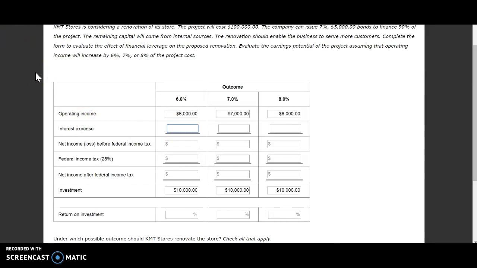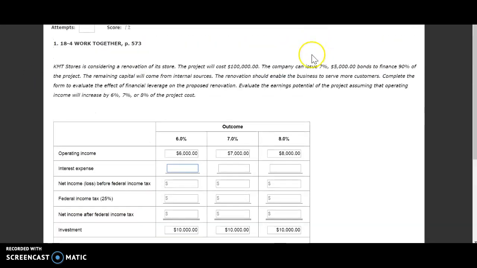Okay, the next part we need to figure out is our interest expense. Our interest expense is what we're going to pay for interest on the bonds. So we're going to look back up at our directions. Remember, our project costs $100,000, but we're financing 90% of that, which was $90,000, with these bonds. How much interest are we going to be paying for those bonds? We said the project will be financed with bonds for $90,000, and we're paying a 7% interest rate.